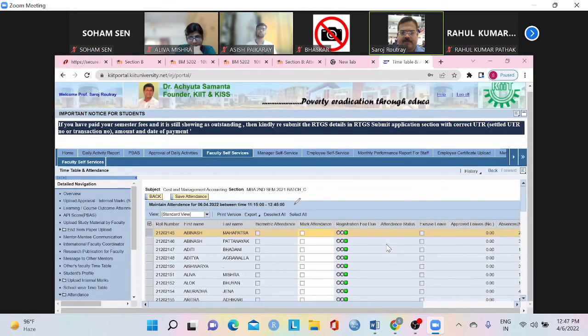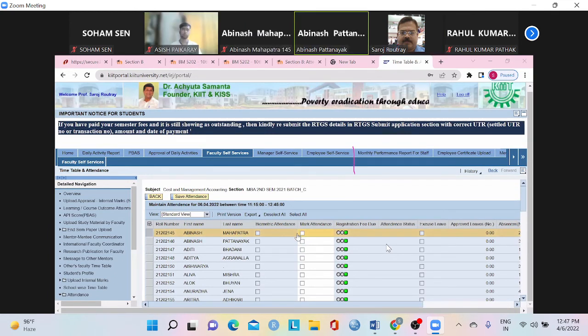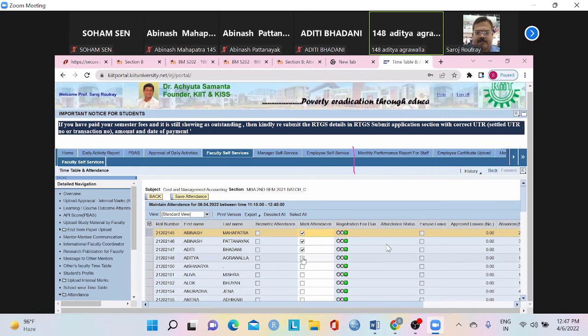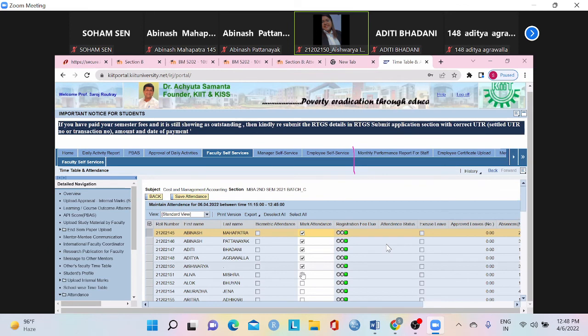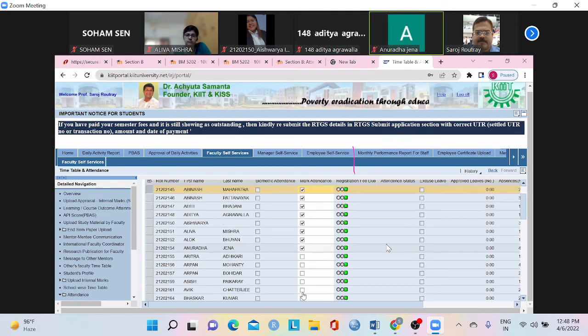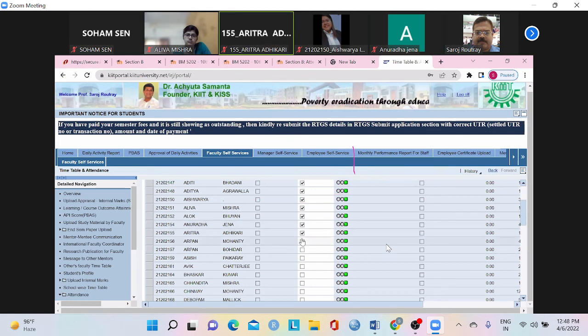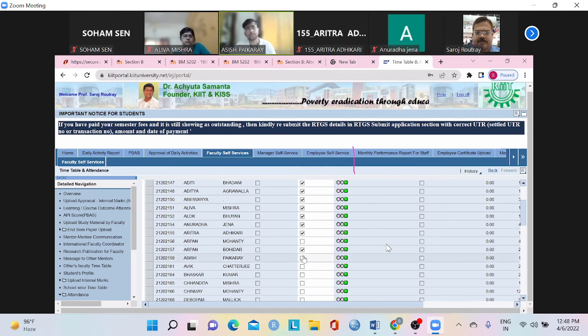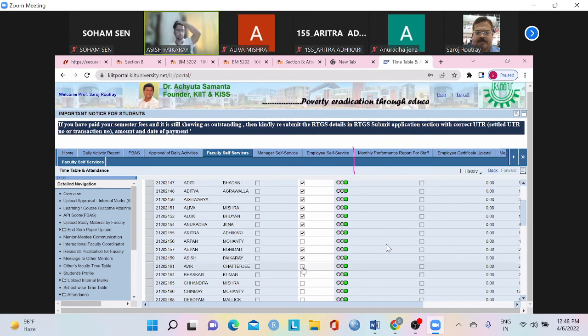Avinash, present, sir. Avinash Patnaik, present, sir. Aditi, present, sir. Aditya, present, sir. Aishwarya, present, sir. Aliva, present, sir. Alok, present, sir. Anuradha, present, sir. Aritra, present, sir. Arpan Bohidar, present, sir. Asis, present, sir. Avik, yes, sir. Bhaskar, yes, sir.